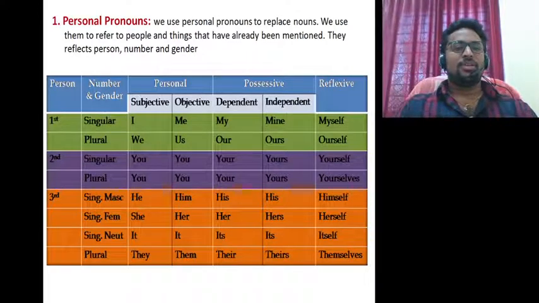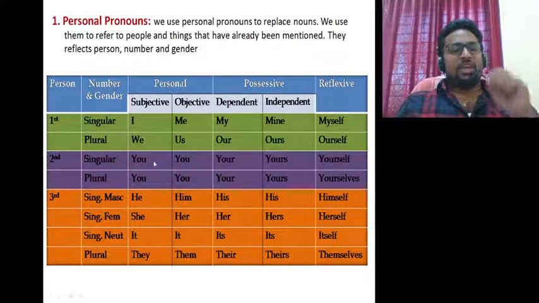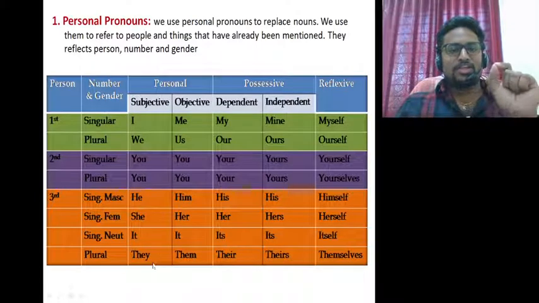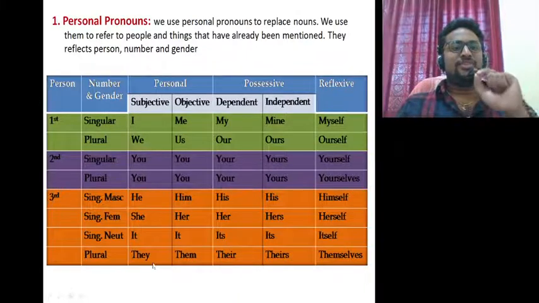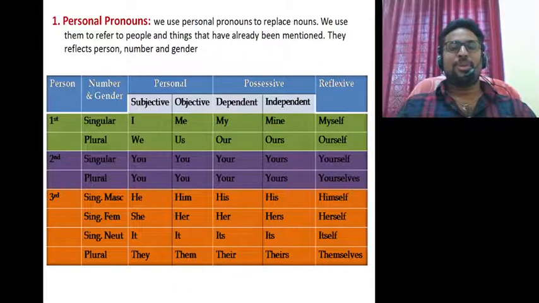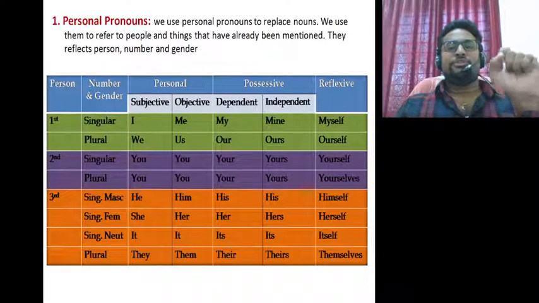For example, I, we, you, he, she, it, they: these are all called personal pronouns. We use personal pronouns in the sentence to refer to people, things, and objects in the mentioned sentence.